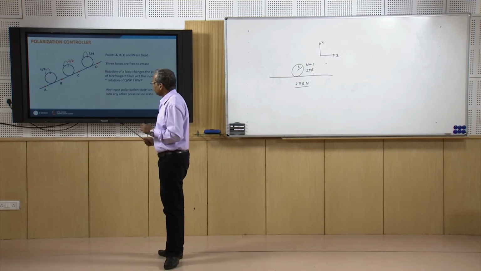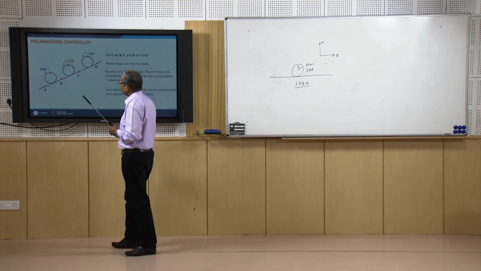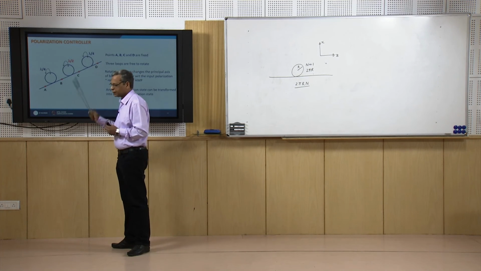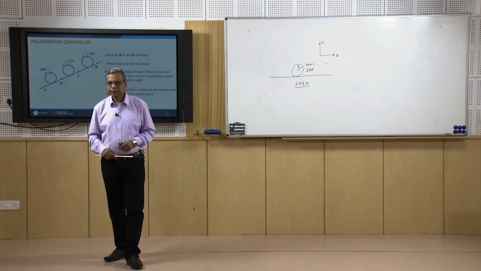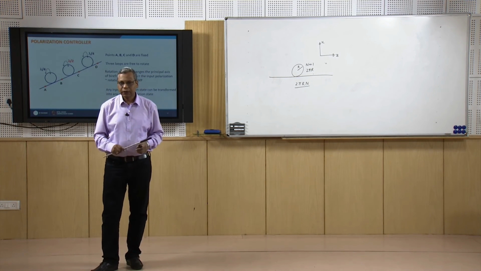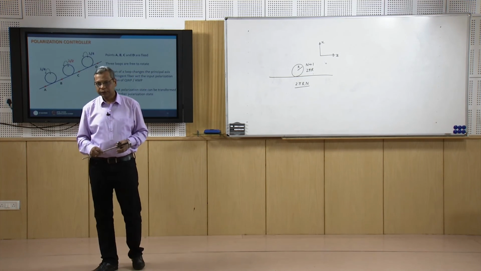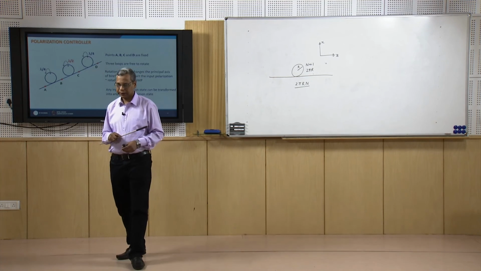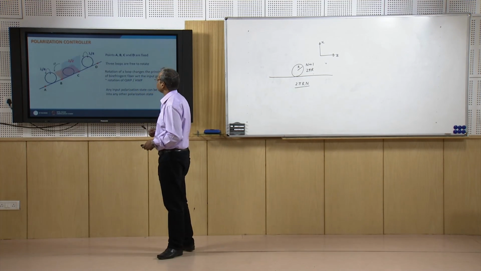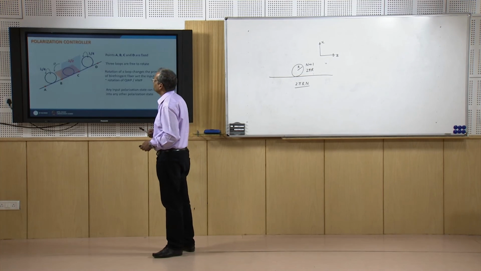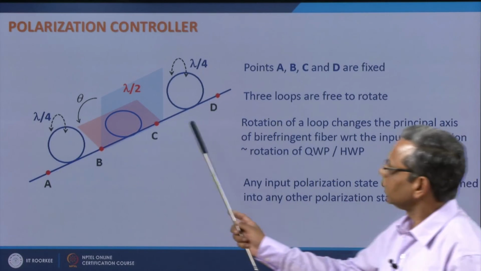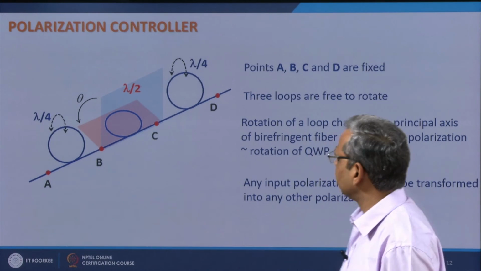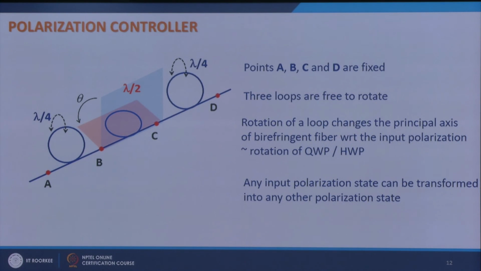The only thing is that since we are giving tight bends here and bending always introduces loss, this kind of device would introduce certain losses in the system. So, this is how I can rotate, for example, this and obtain any polarization state.